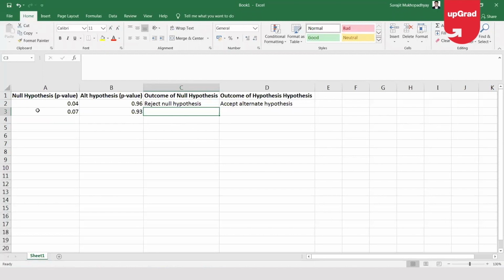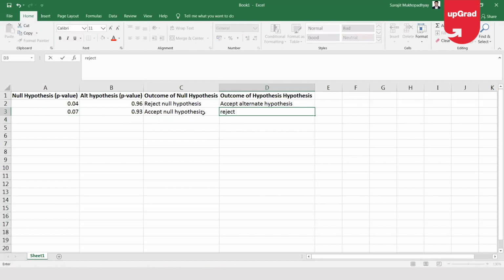No, of course we cannot, because it is 0.07, greater than 0.05. So we cannot reject the null hypothesis. So then we can accept the null hypothesis, right? If we cannot reject. And in this case, we can say reject the alternate hypothesis, right?